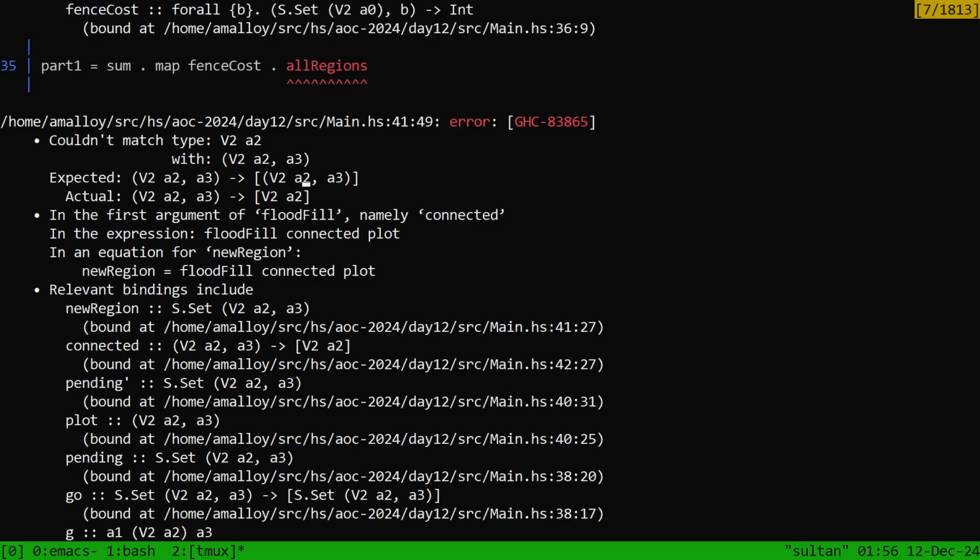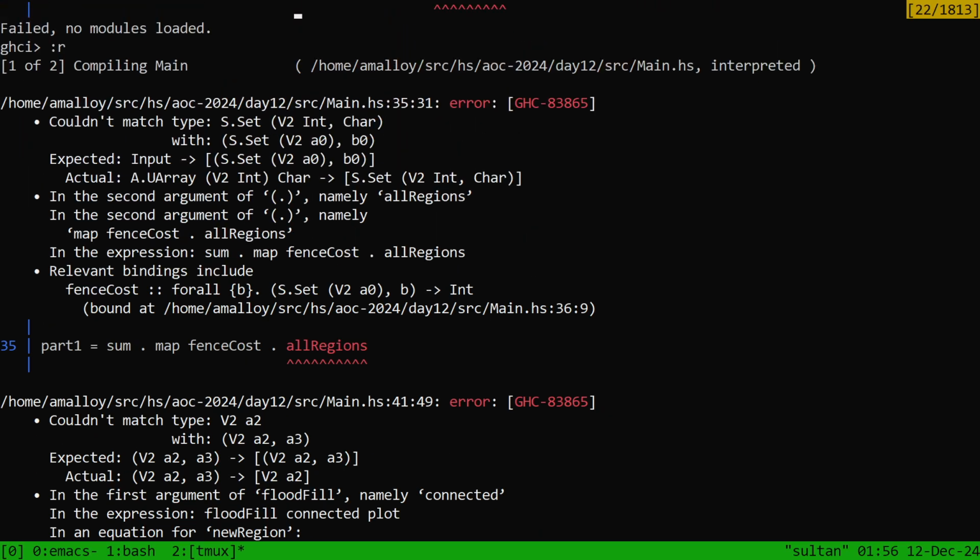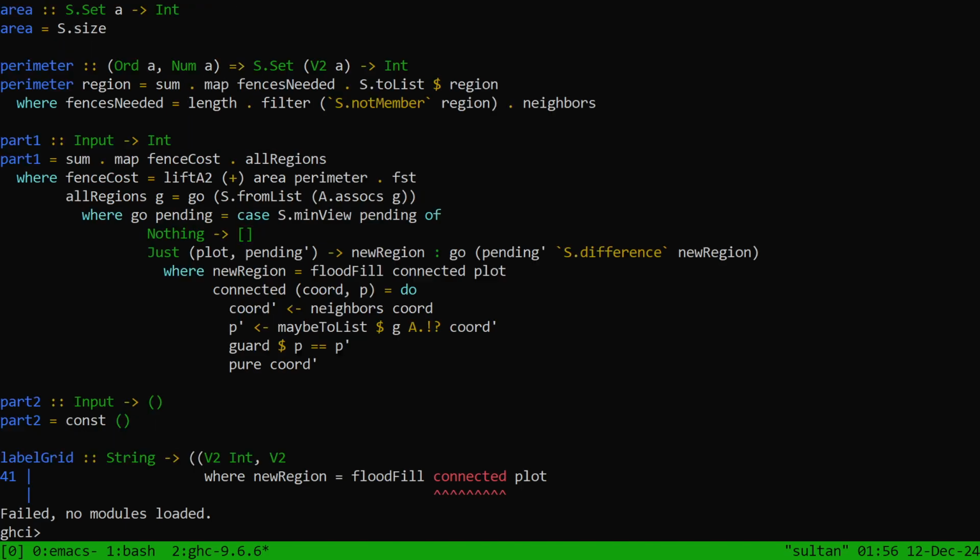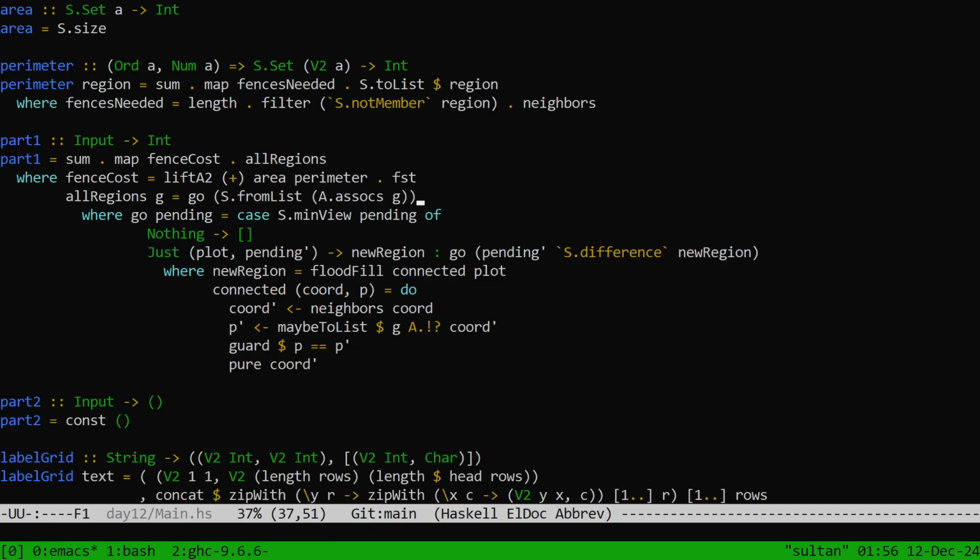What is this? All regions. It wants an array. Oh, you're right. I have to break up. I didn't even build the array.